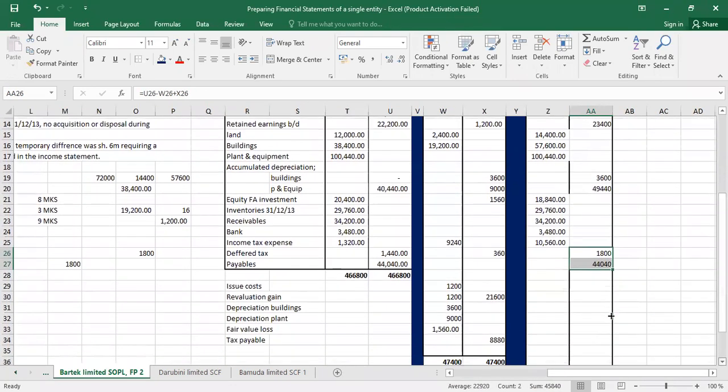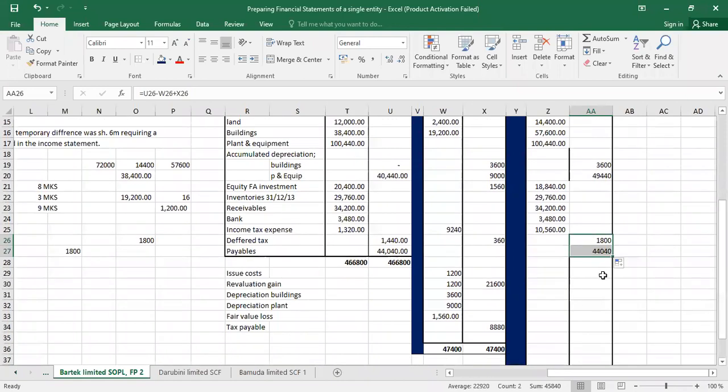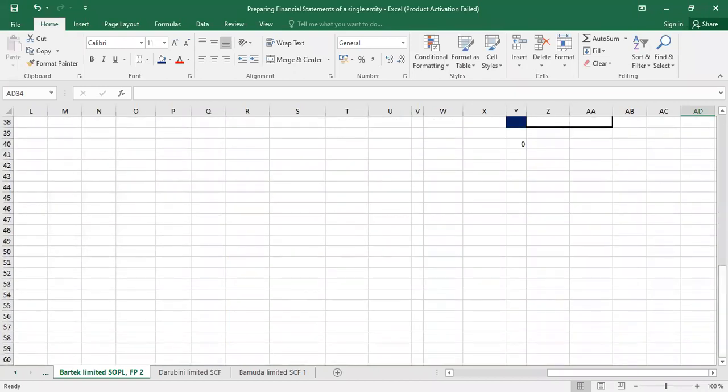Then when I come to the additional entries that we made, this one I can take directly because they had no previous or opening balances, isn't it? So I just take them as they are. I'll take all this way up to there. Then I also drag left, isn't it? So the value that has nothing will be written as 0.